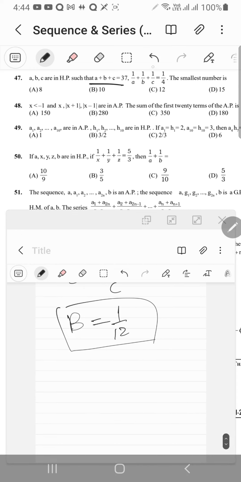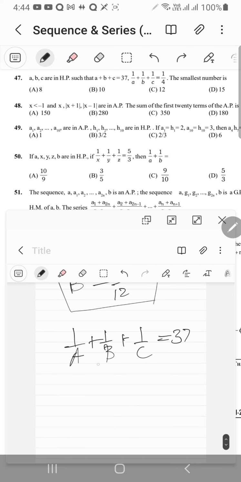And for this one, what you're saying is 1 upon A plus 1 upon B. Okay, you know what, this is bad, this is really bad. This is supposed to be in harmonic means, whatever. 37, there you go. B we already know is just 12, and then this is A plus C, but A plus C is just 2B, so that's 24 upon AC. Hopefully this is correct. Wow, this went so far.